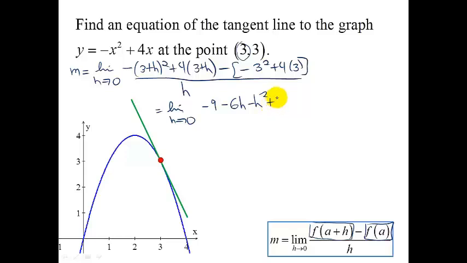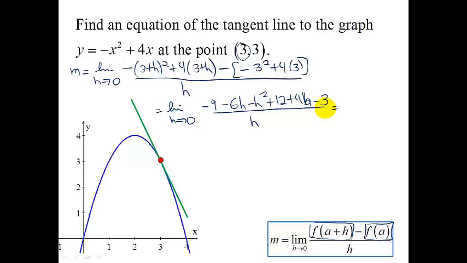Distributing the 4, plus 12 plus 4h. And then working on the inside of the brackets here, we need to square this and get 9 and then make it negative. So negative 9 plus 12, that's 3. Then with this negative, that would make it negative 3. And that's all over h.